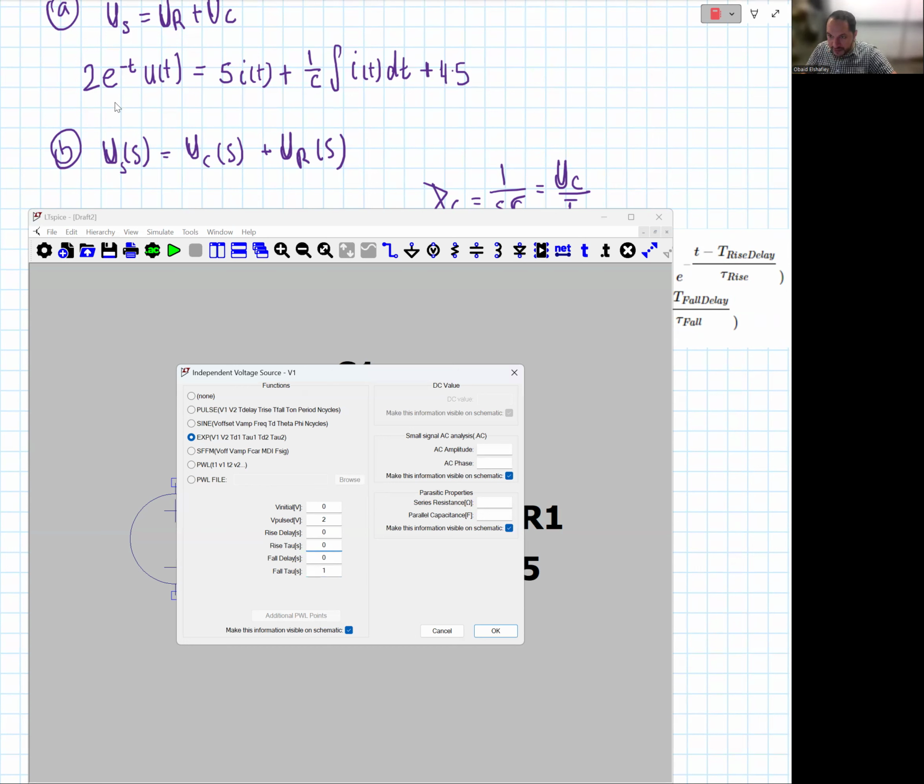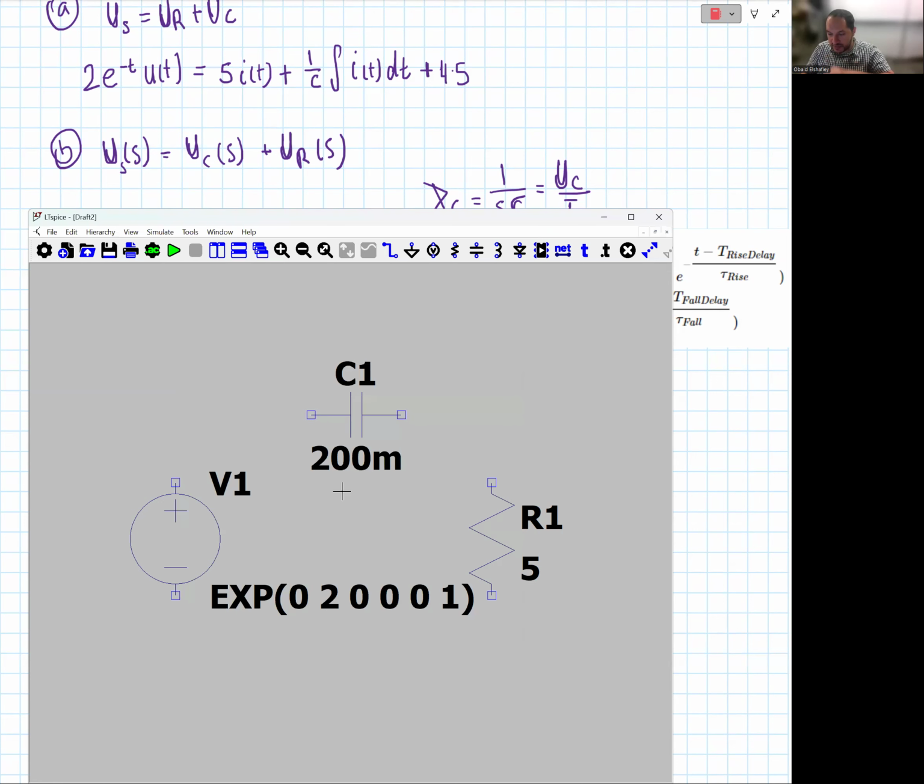V pulse is the amplitude, I think. You can check the function for those parameters, but let's test everything and see. Create wires.